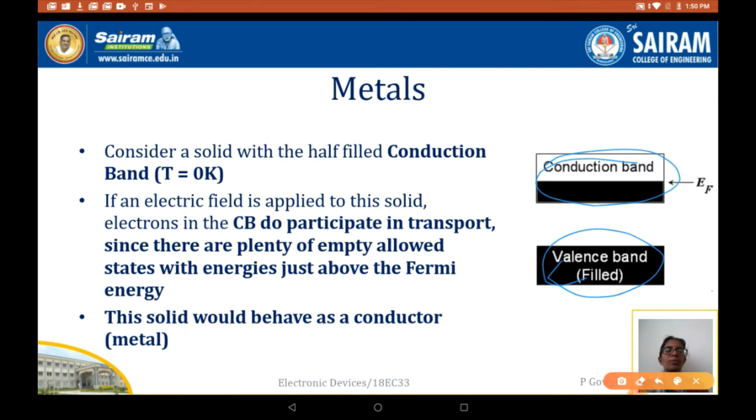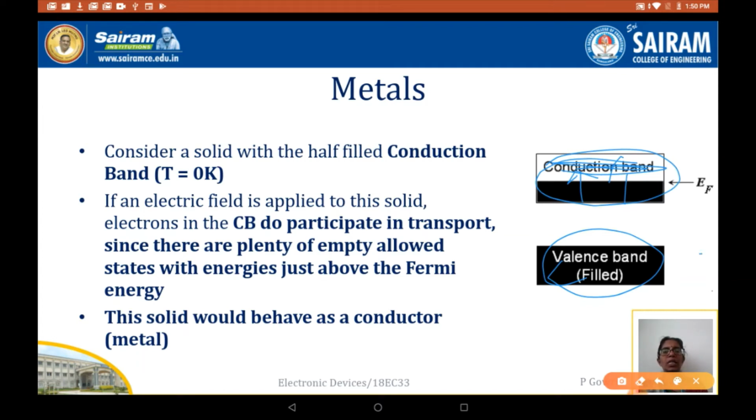The white part of the conduction band is the empty state, so the electrons present in the conduction band have plenty of free or allowed states into which they can move. This type of solid would behave as a conductor, and metals are the example for this.